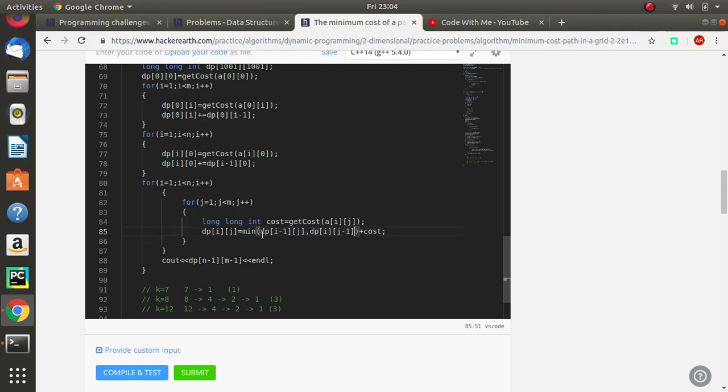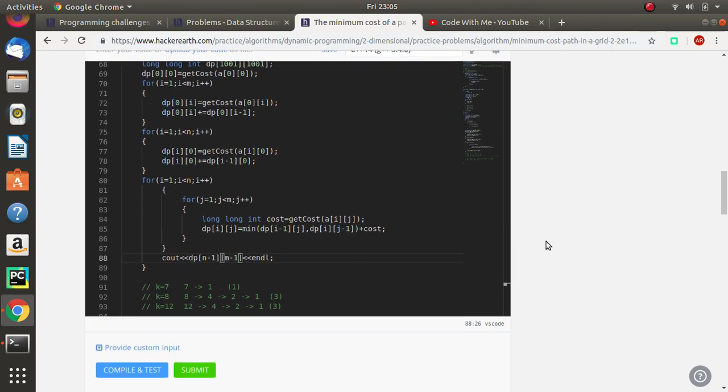Whichever has the minimum, we will take that cost and add our current cost to it, and it will be stored in the dp. So dp of ij will be the minimum cost to reach cell ij. We will keep on storing it like that. In the end, we have to get the cost to reach the end, so we will just return dp of nm.